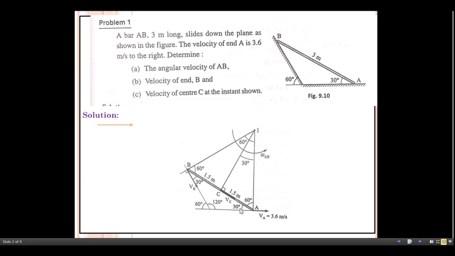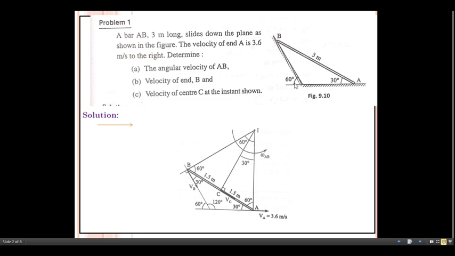Now let me clarify here. Whatever the dimensions given, according to that, first of all, you have to redraw this diagram with some suitable scale. A 3 meter length is given for AB, so for that 3 meter, take some suitable scale.